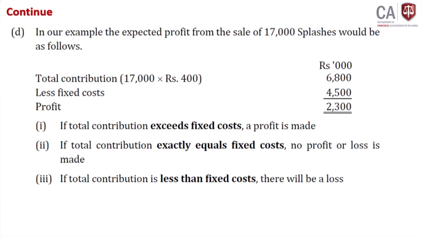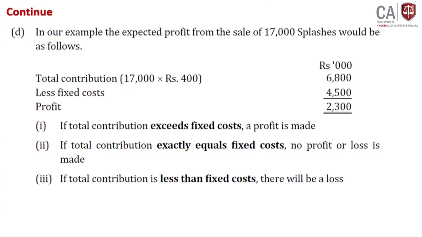Look at these numbers. In our example, the expected profit from sales, let us say 17,000. Contribution is constant, it will not change, it will remain unchanged at each activity level, whether it is 15,000, 10,000, 20,000: contribution per unit 400, constant.